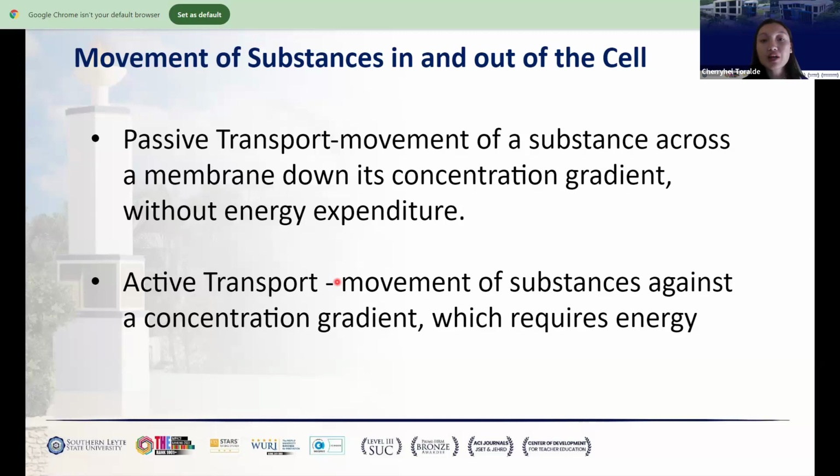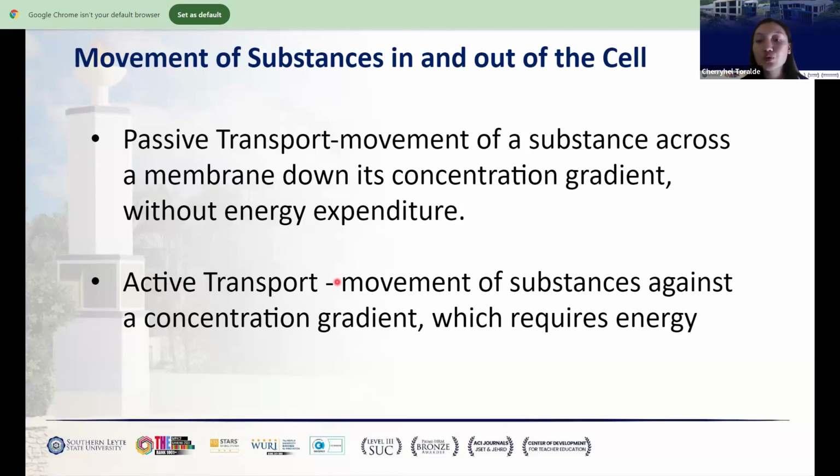to be required because it happens just due to the concentration gradient outside and inside of the cell. So it depends on where there is more, moving toward the part with less. While active transport requires energy, right?